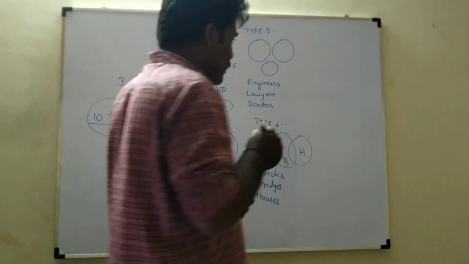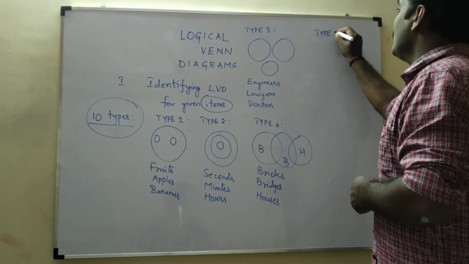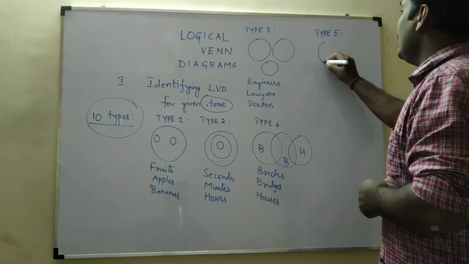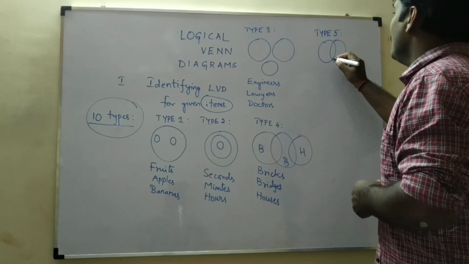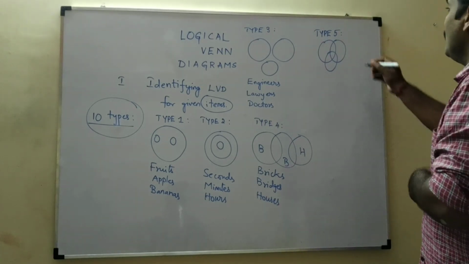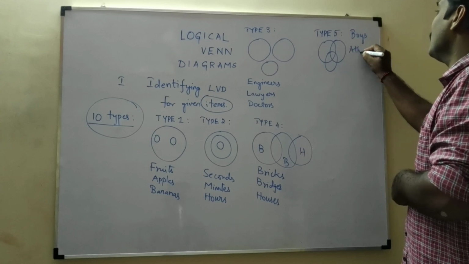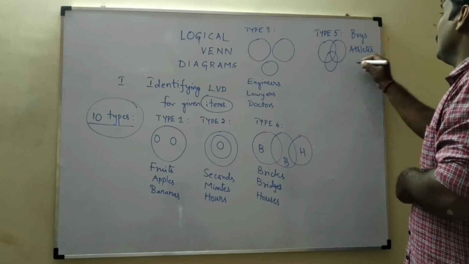Then type 5, where each logical Venn diagram has a partial connection with one another. You can use the examples of boys, athletes, Indians.